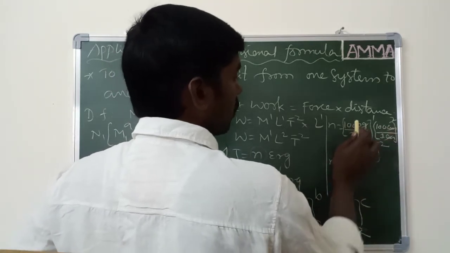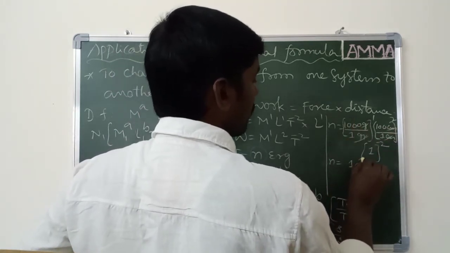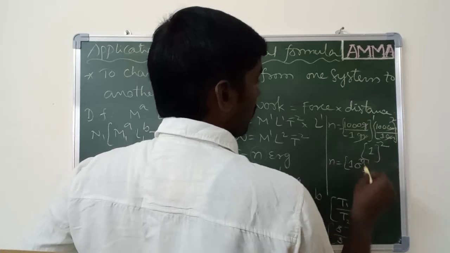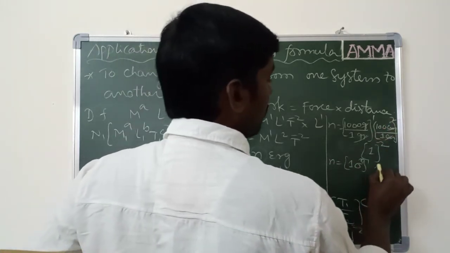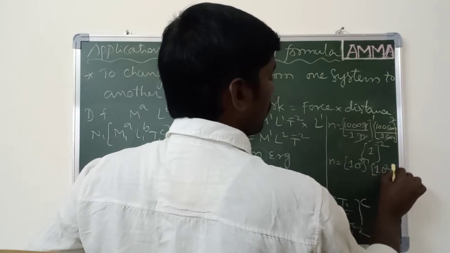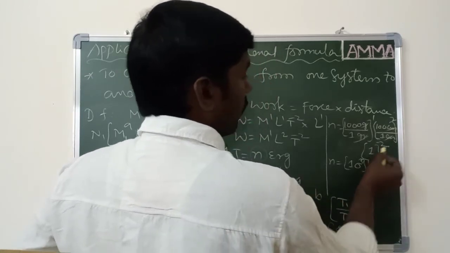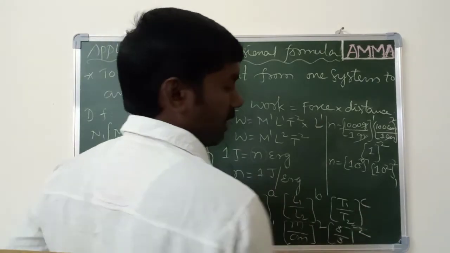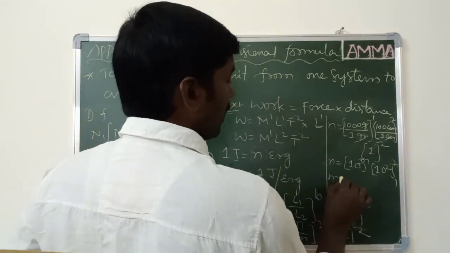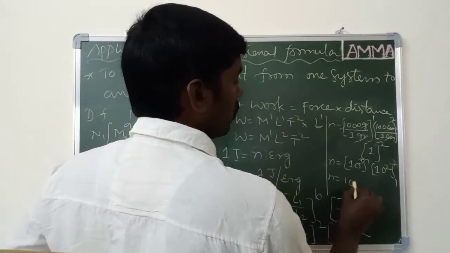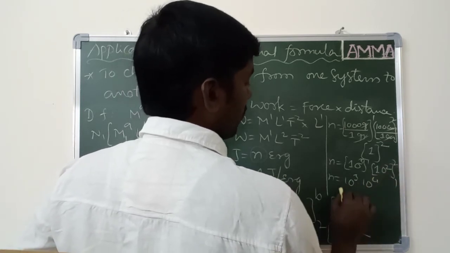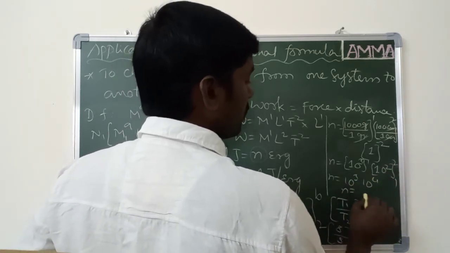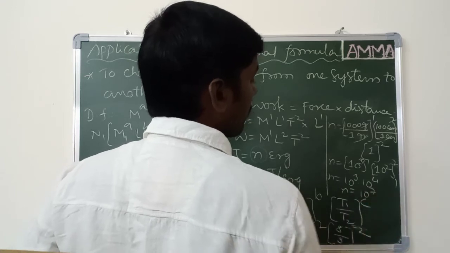What is remaining here? 1000 by 1, that is 10 cube, to the power 1, and 100, that is 10 square, to the power 2. And 1 to the power minus 2 is always 1. Then n is equal to 10 cube into 10 square whole squared, that is 10 power 4. So n is equal to 10 cube into 10 power 4, which is 10 power 7.